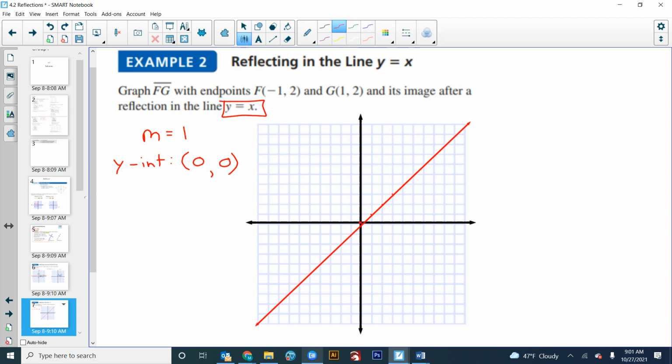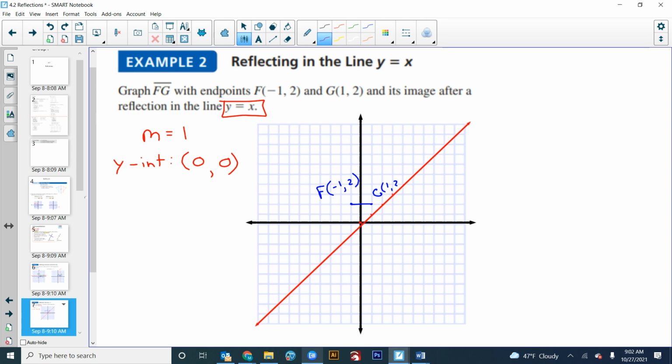Okay, well, if we graph this, we're going to kind of make our own rule. F is -1, 2. G is 1, 2. And it's just a segment, FG. Now, we kind of have to blend a couple ideas here.